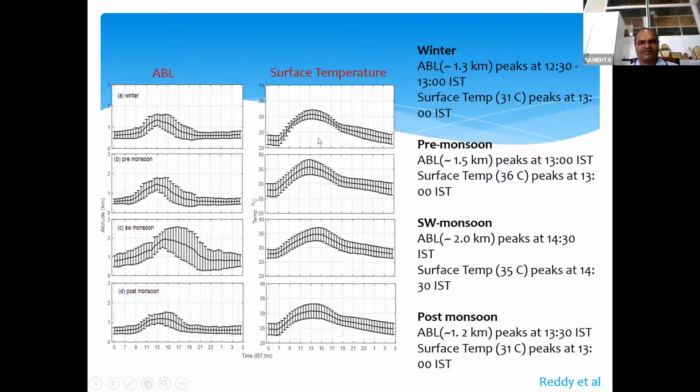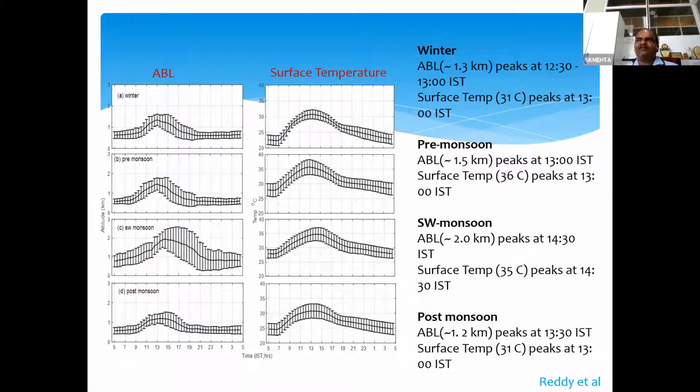So it is similar: the ABL height becomes higher when the surface temperature is higher. But generally there will be a 1 or 2 hour difference between the peak temperature and the peak ABL height. Then this observation we had in hand.